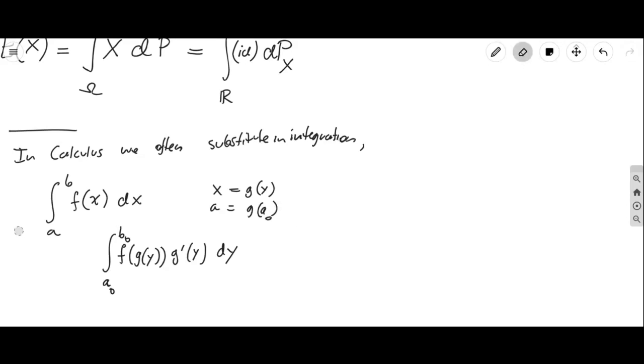So basically, if you substitute a for x, that should give you the same thing if you were to substitute this lower limit in place of y, right? So that's how you get the new bounds. So this is what you call integration by substitution. And this is a special case of something that's really a lot more general, that you have the same situation that takes place with measures.